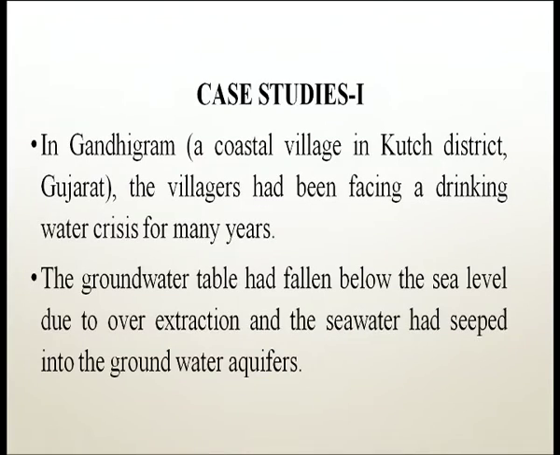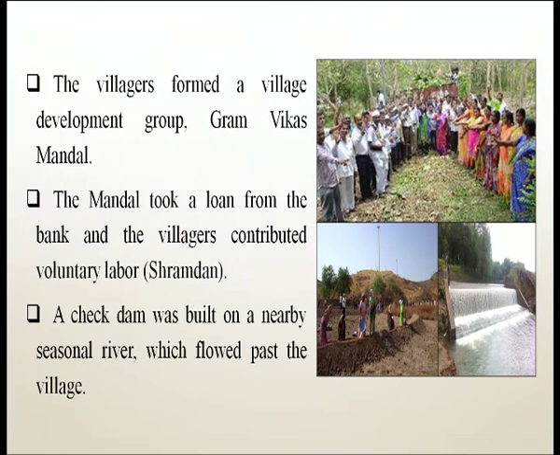First, we will take a case study from Gujarat. In Gandhigram, a coastal village in Kutch district, Gujarat, the villagers have been facing a drinking water crisis for many years. The groundwater table had fallen below sea level due to over extraction, and the sea water had seeped into the groundwater aquifers. The villagers formed a village development group, that is Gram Vikas Mandal. The Mandal took a loan from the bank and the villagers contributed voluntary labor, that is Shramdan.